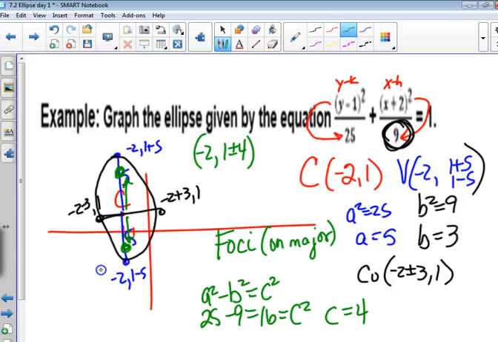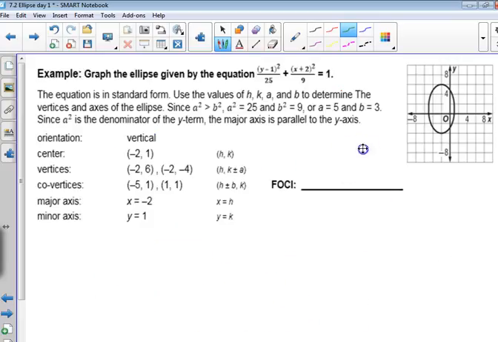On your notes, all of that was done except for the foci. Okay, the foci, what's the formula on your sheet? Can you find it? Be careful. You have to find the one that has a bigger number under the y, which is the one on the left or the right of your sheet.